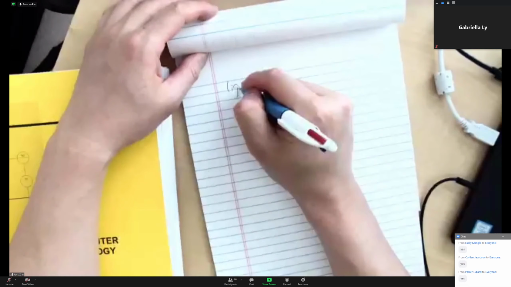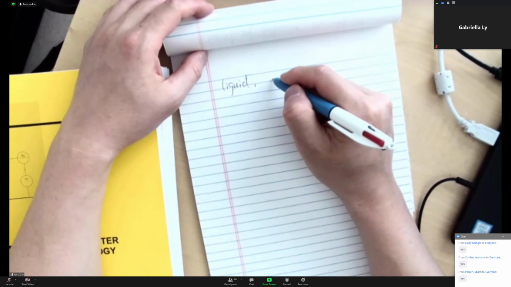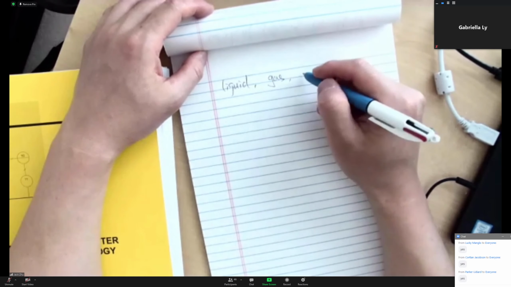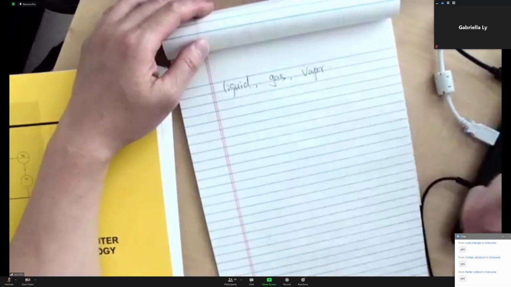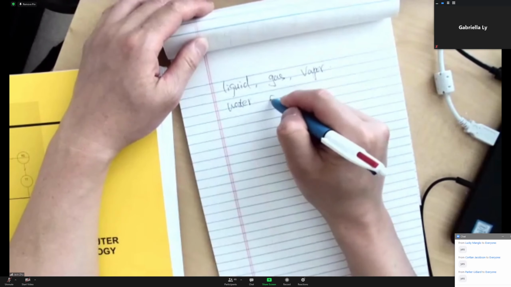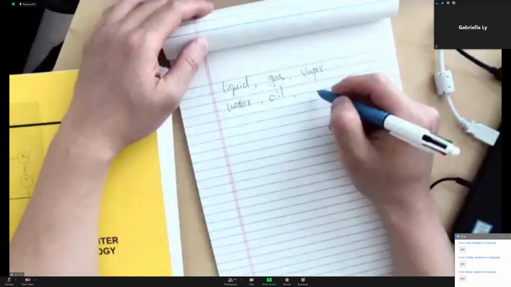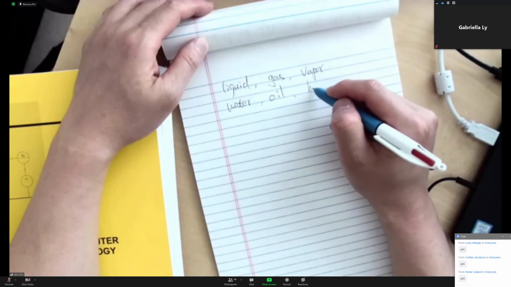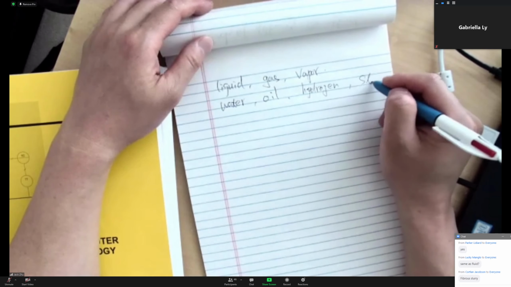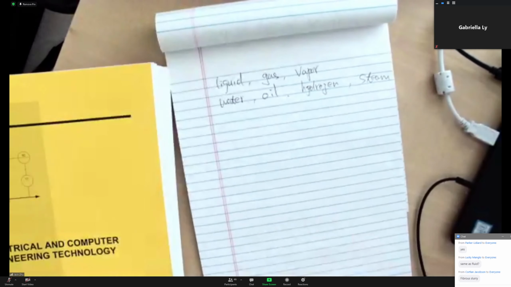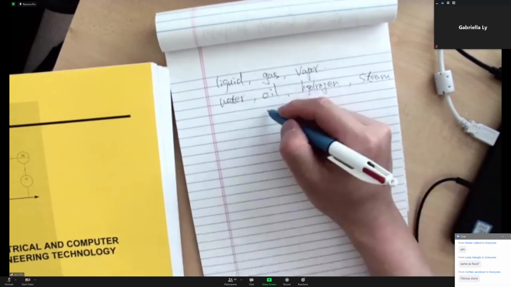Yeah, so it doesn't matter if it's a liquid, a gas, or a vapor. Sometimes they will give you water or oil or maybe hydrogen, or maybe steam, same thing as all the fluids.